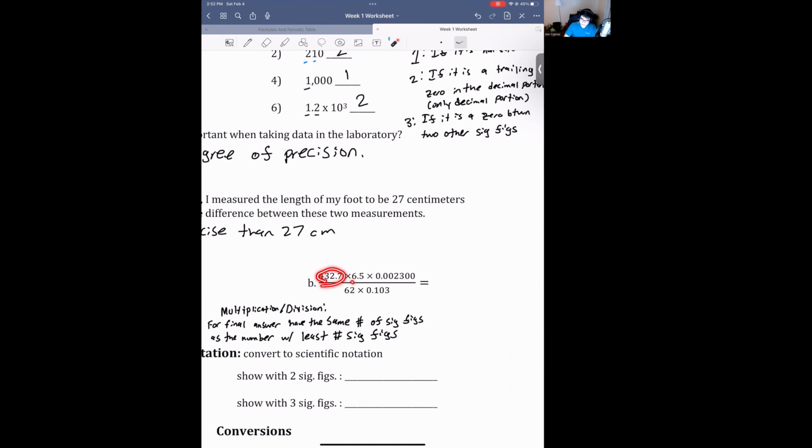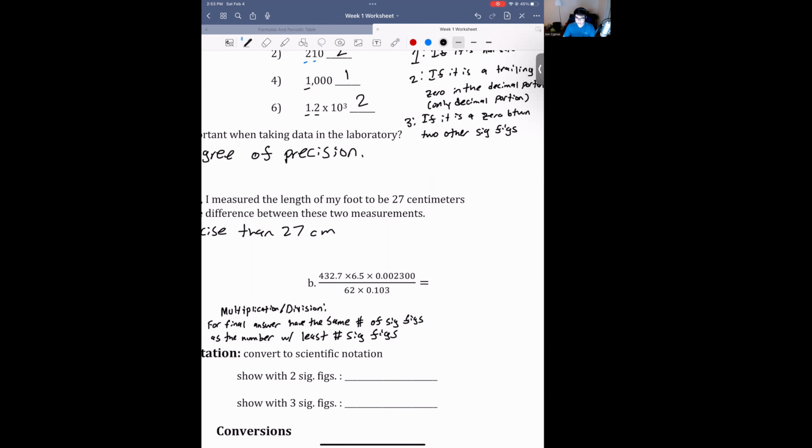The second one, you have 2 sig figs. This one, you have 4 sig figs. On the bottom, you have 2 for the first one, and 3 for the other one. So overall, the least number of sig figs for this whole problem with multiplication and division is going to be 2 sig figs. So we're going to round our answer to 2 sig figs.